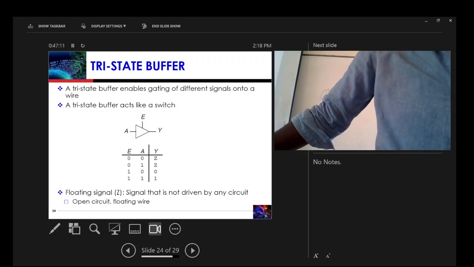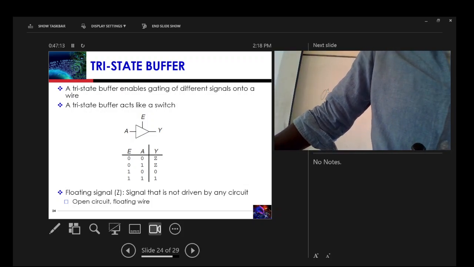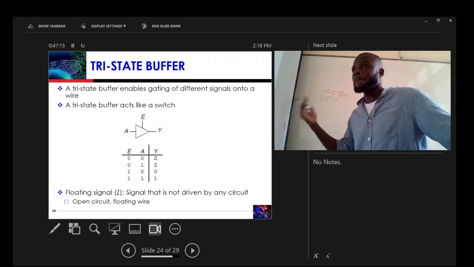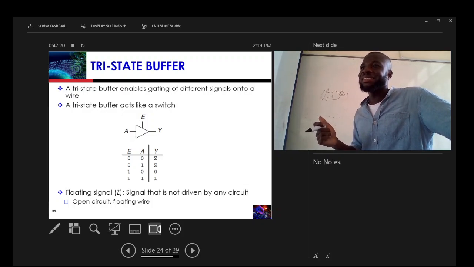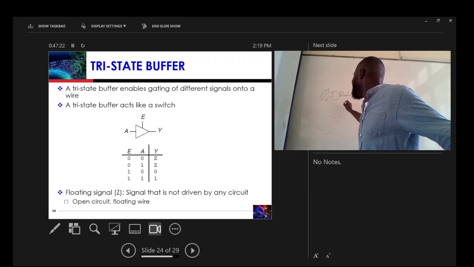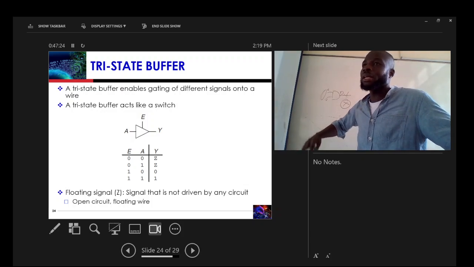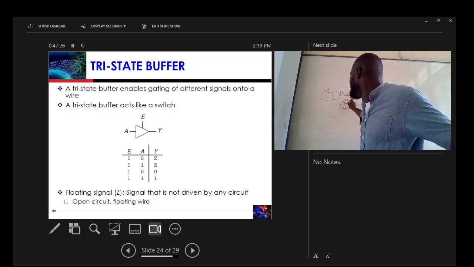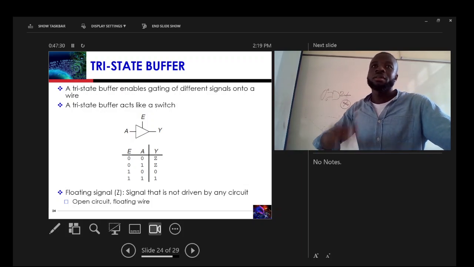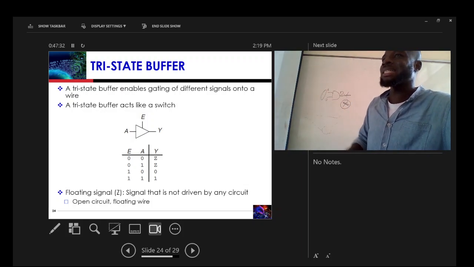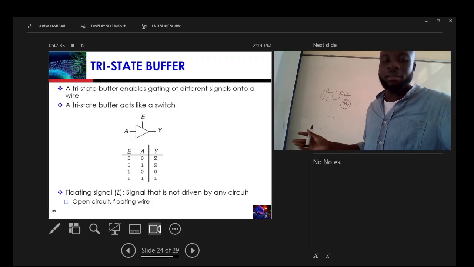And then sometimes the output is unknown. There's a symbol X, and in any digital logic book, X means the output is unknown, meaning it can be either 0 or 1.